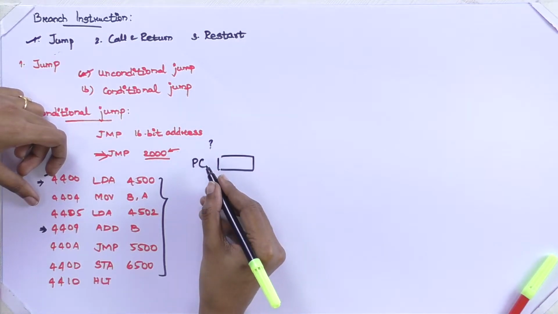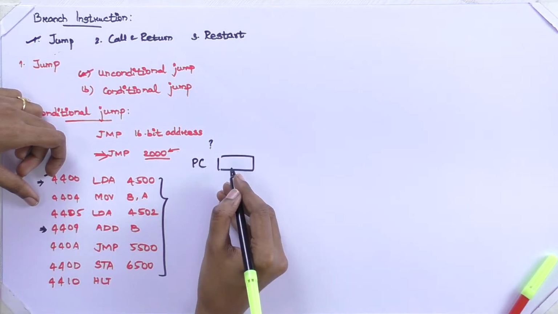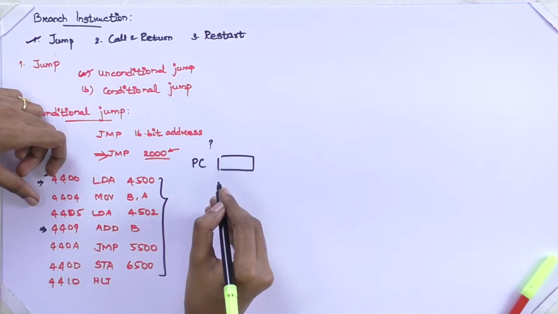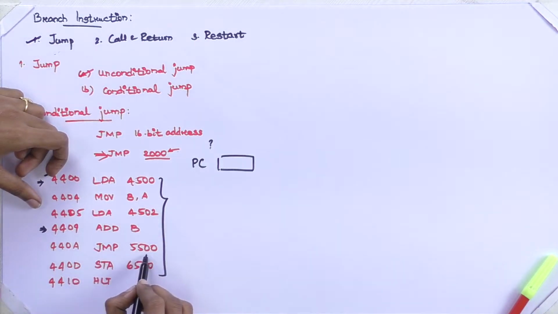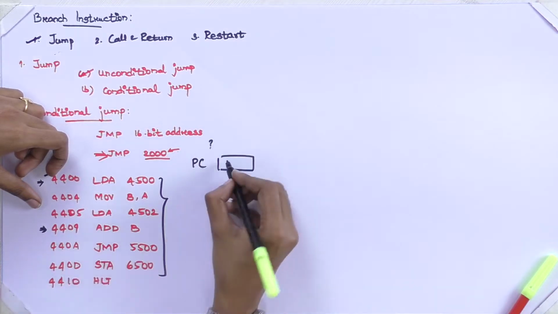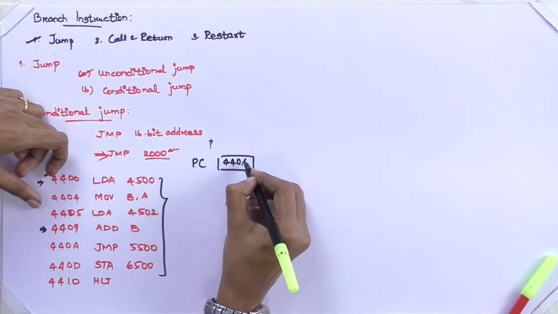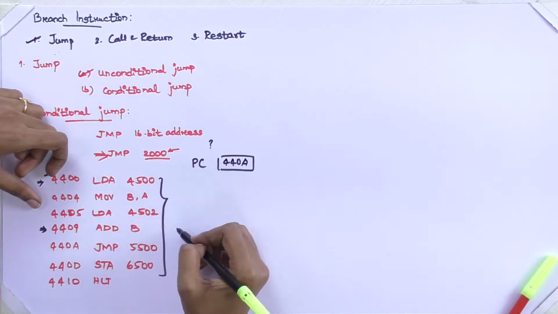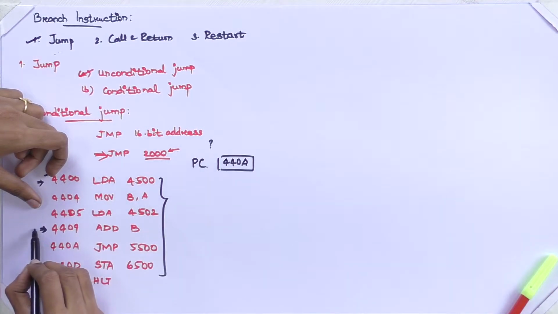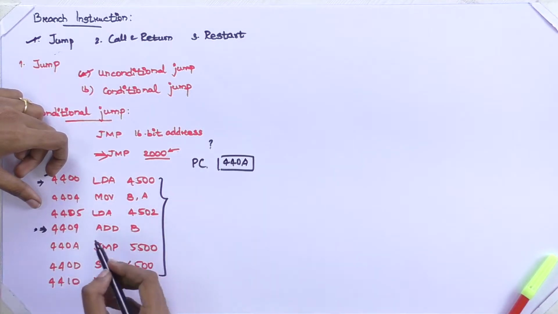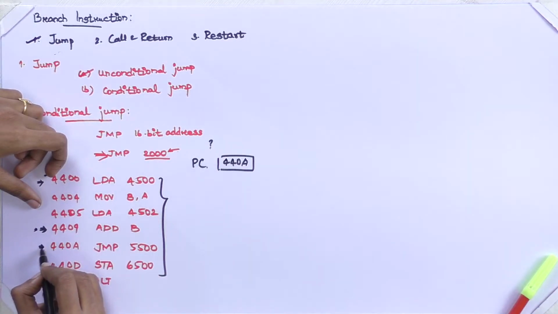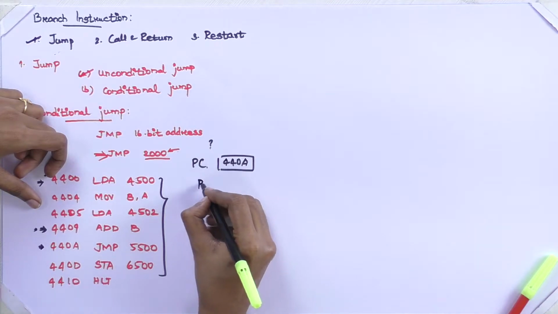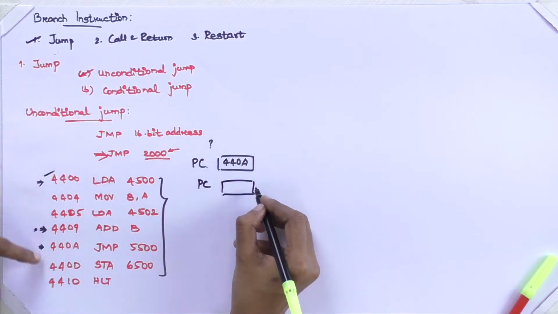PC is your program counter, which stores the address of the next instruction to be executed. The next instruction after ADD B is JMP 5500, and its address is 4408. This we will have in PC when your processor is executing this instruction.